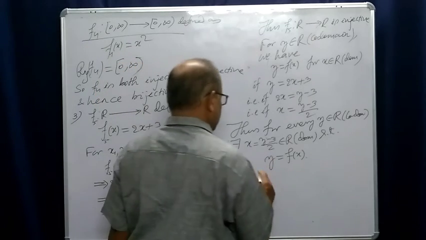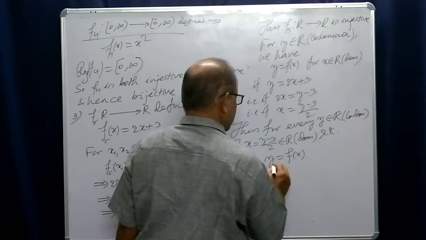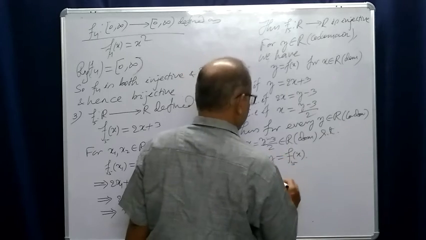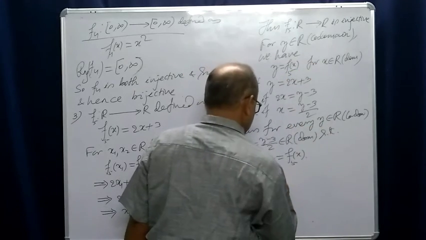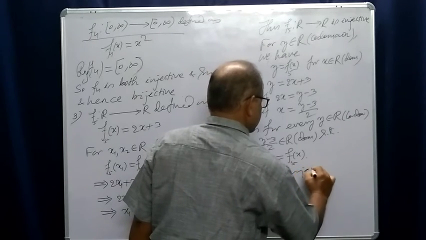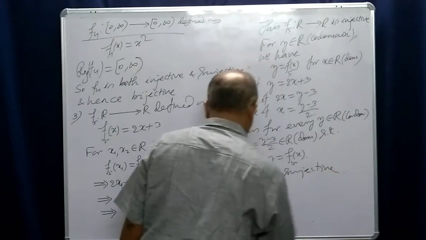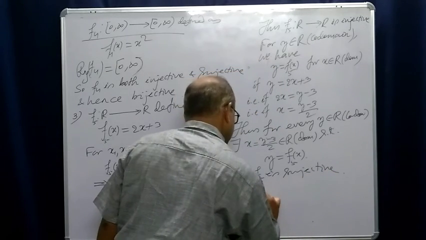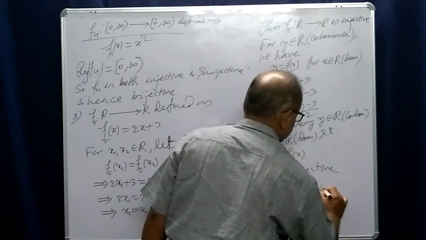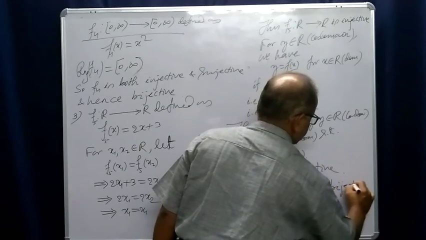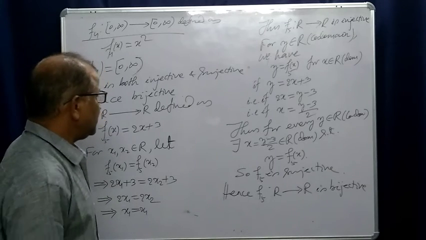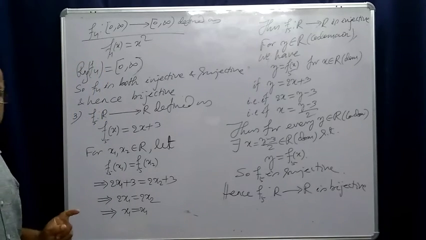So f5 is surjective. Hence, f5 from R to R is bijective. It is bijective, right? Then let us discuss another function.